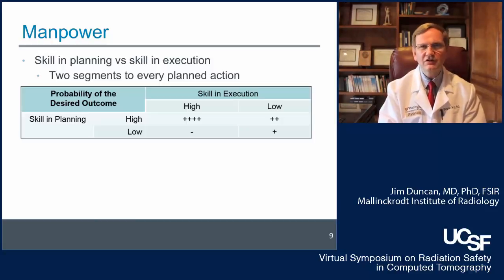We have this in our image-guided procedures all the time, that I've tried to advance the catheter or guide wire to a certain destination, but it doesn't get there for one reason or another. But I can see that, and because I've planned on monitoring progress, I can now step in and change the next step in the procedure to get the catheter guide wire where I want it to be. Low skill in planning coupled with high skill in execution is a horror film.